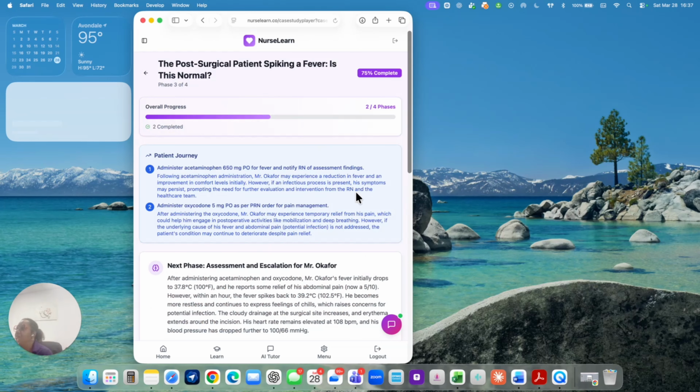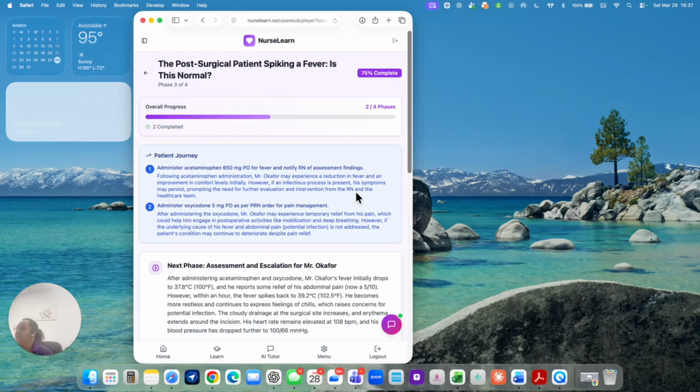What you did well. Your decision to prepare Mr. Okafor for a potential transfer to a higher level of care shows clinical judgment. You recognize the worsening signs of infection, such as the elevated temperature, increased abdominal pain, and the evidence of possible surgical site infection.